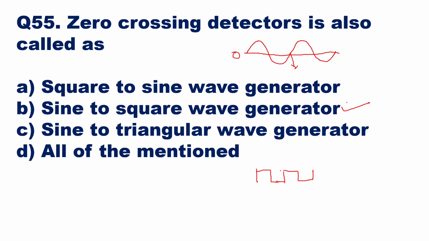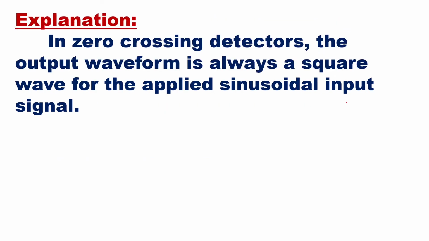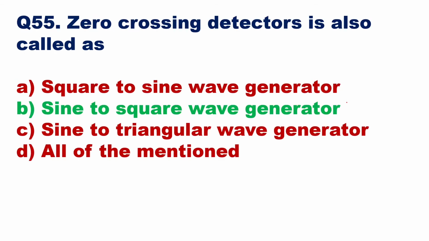It will be either plus Vsat or minus Vsat, and that will show you a square wave output. So it is option B, sine wave to square wave generator. For the explanation, you can remember that in zero crossing detectors, the output waveform is always a square wave for the applied sinusoidal input signal.